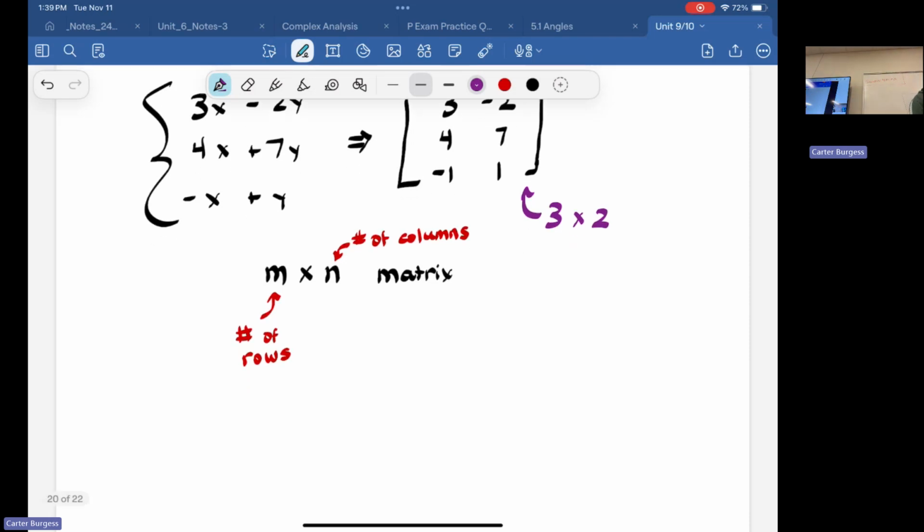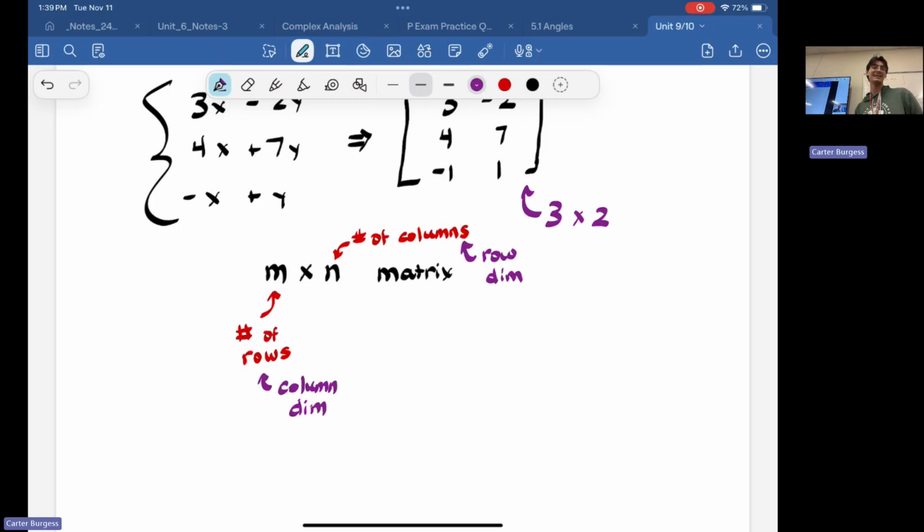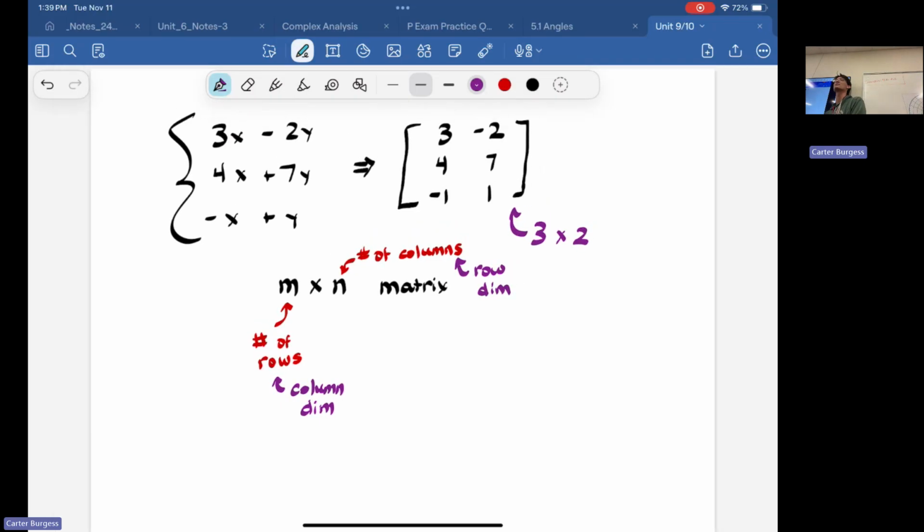And so the number of rows we can think of as the column dimension, which is just the size of the column, and the number of columns we can think of as the row dimension, or the size of the rows. It makes it confusing. The number of columns is how big each row will be. The number of rows is how big each column will be.